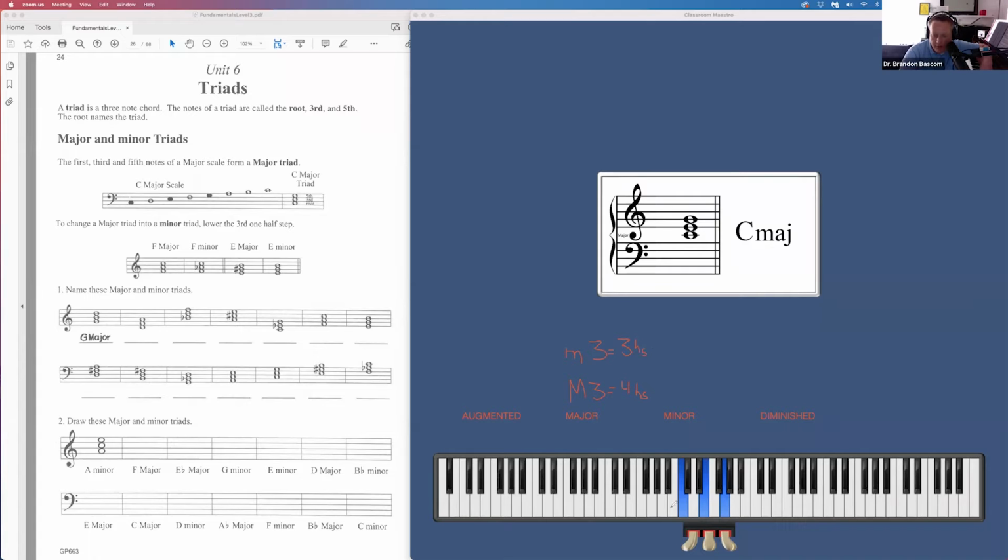So if we look at our keyboard here, first note, 1, 2, 3, 4. There's my major third. First note, 1, 2, 3 on the top. So I have a major third on the bottom and a minor third on the top, and that makes a major triad.